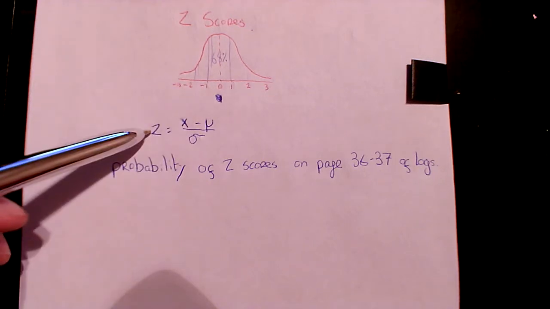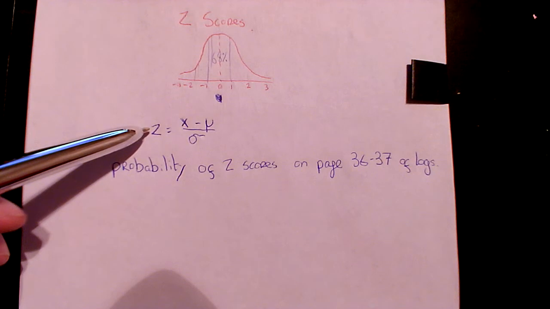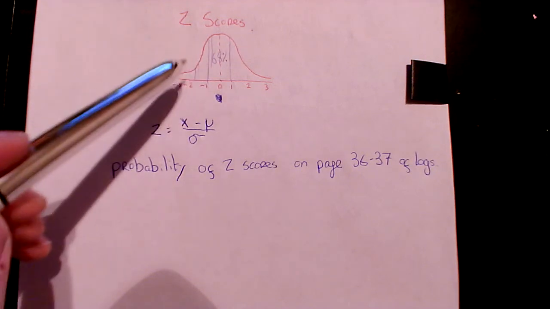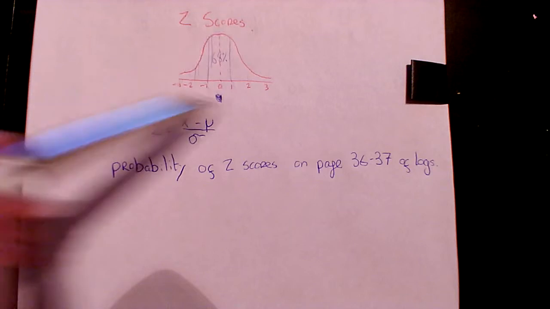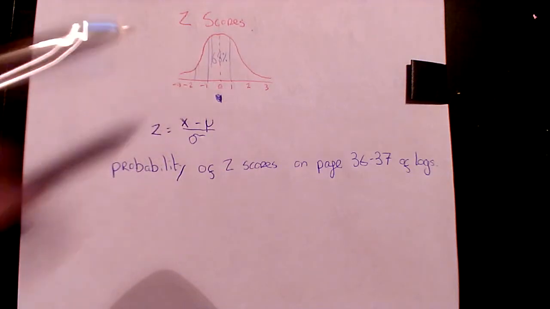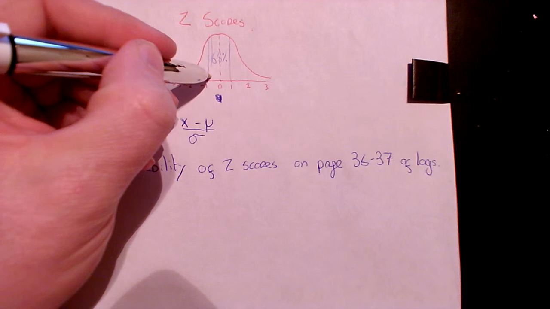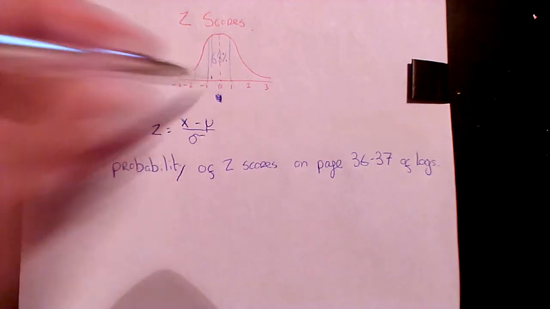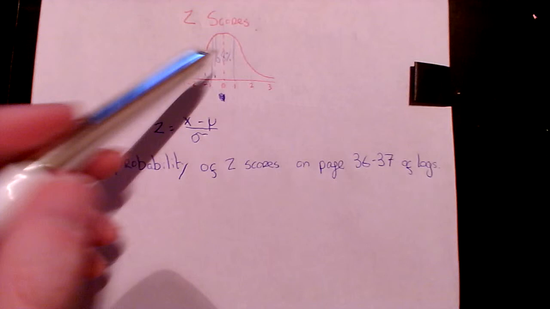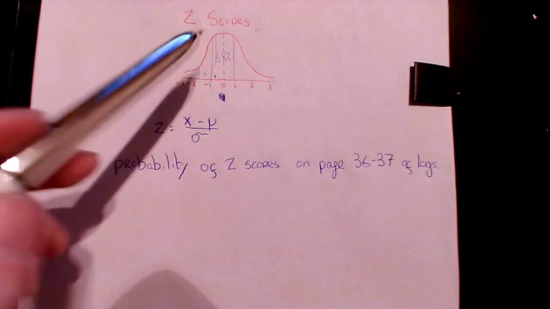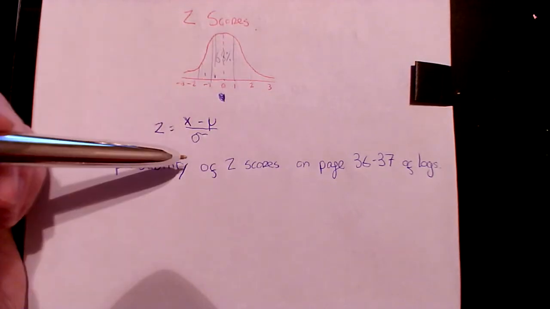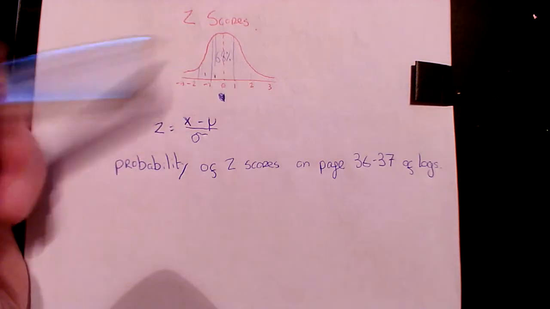into z-scores. And z-scores will help us find the probability of getting, maybe, if I pick something at random from this population, the probability of it being maybe in here, or here, whereas with the empirical rule, all we know is the chances of it being within 1 standard deviation of the mean, and within 2, and within 3.